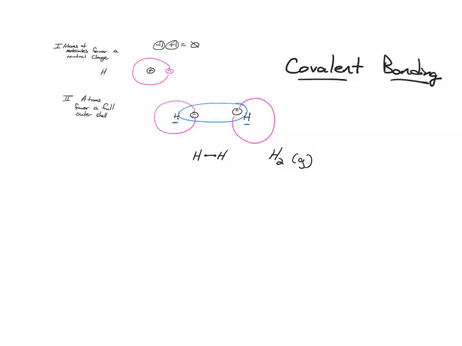What is sharing electrons called? Covalent bonding is correct. You just read it off the board though. So covalent bonding is the sharing of electrons.